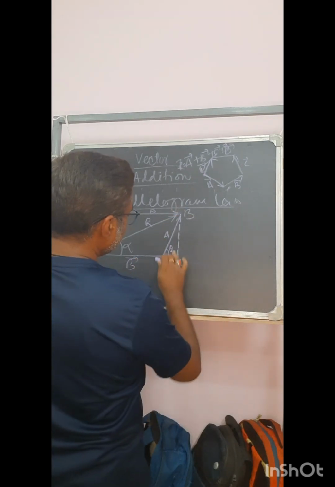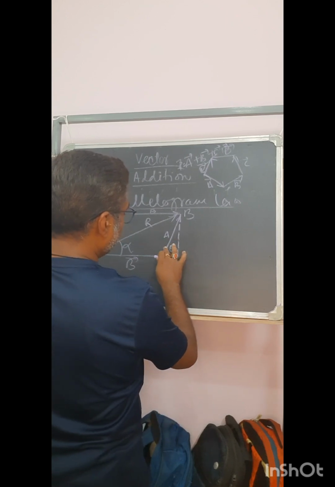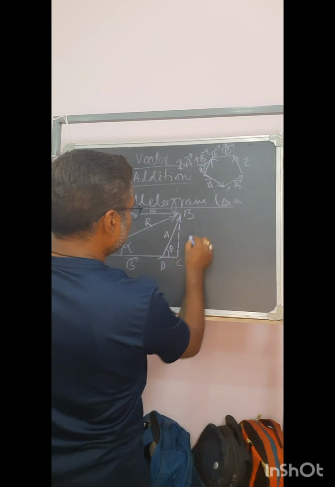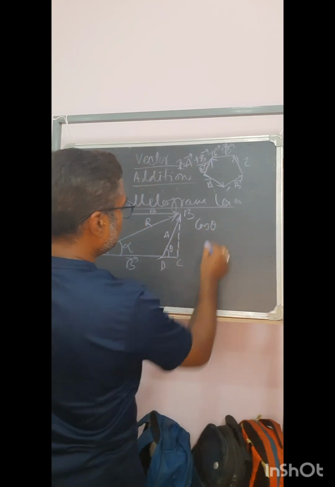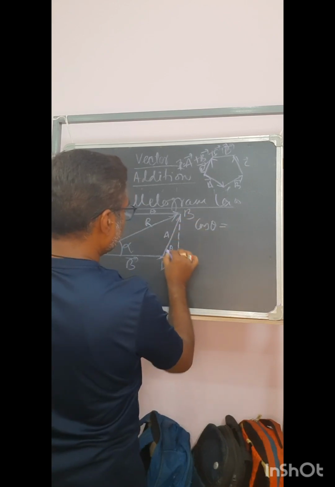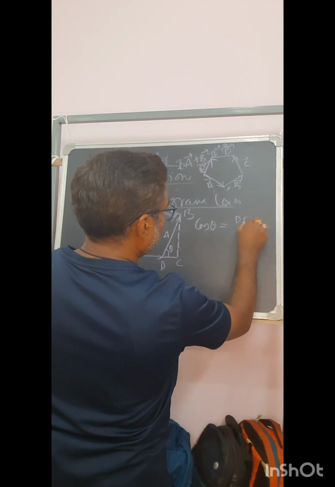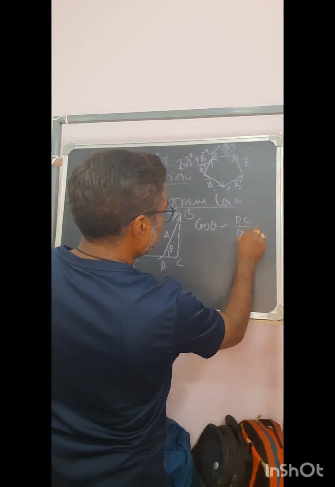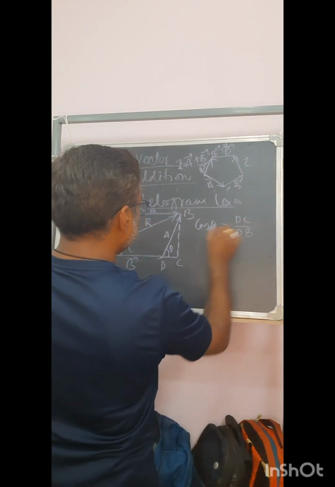So from here what I can write, if I take the cos of theta, this angle, cos means base by hypotenuse, base is DC upon DB. So cos theta is equal to DC, which is how much?